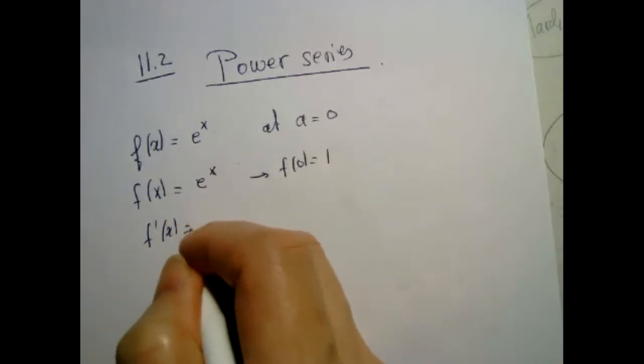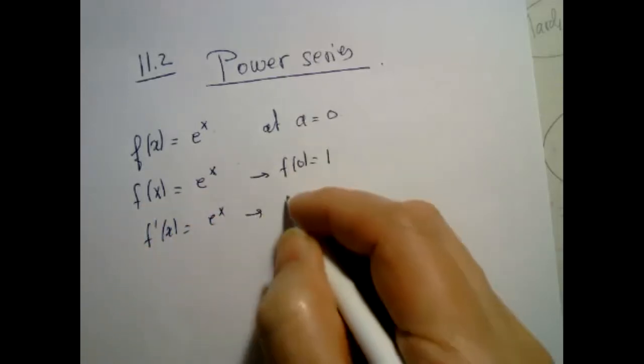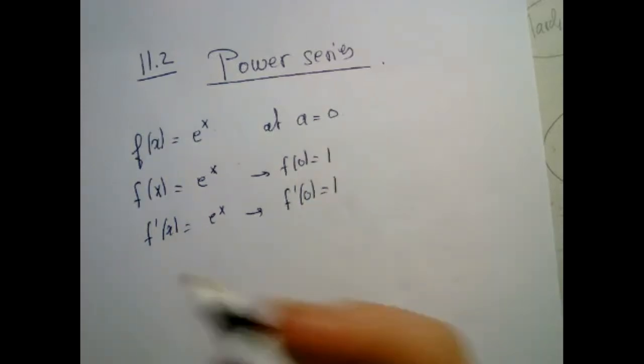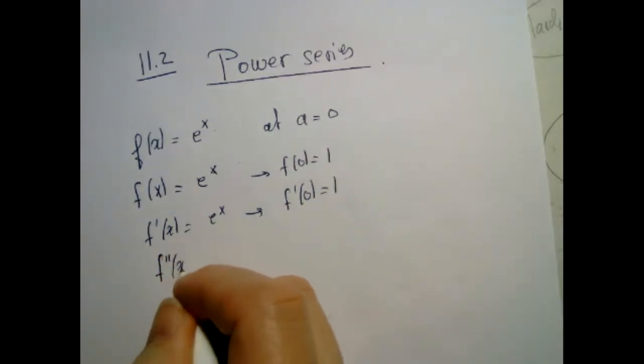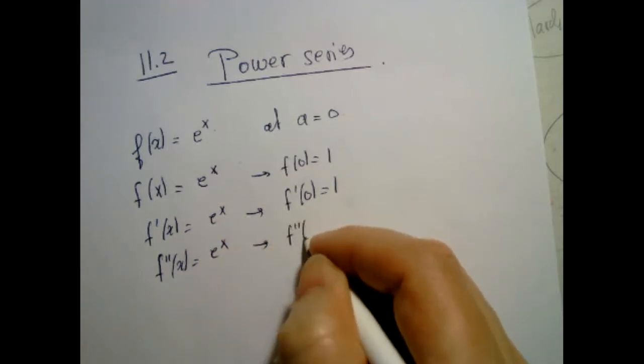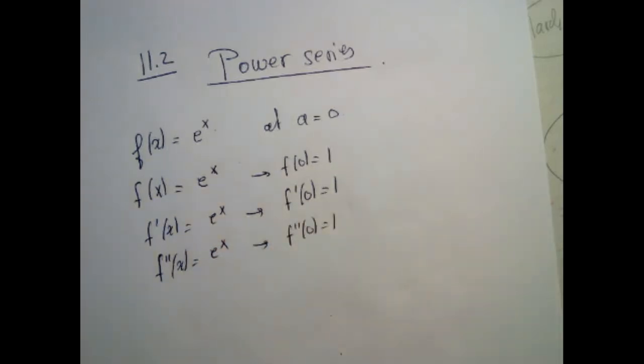F prime is e to the x, so f prime at 0 is 1. I took a simple function on purpose. F double prime is e to the x, so double prime at 0 is 1. So all the derivatives of any order for f of x equals e to the x are 1.